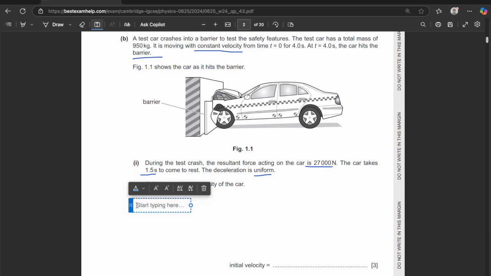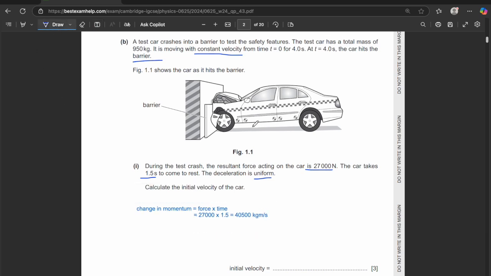Change in momentum is equal to force into time, so that is 27,000 into 1.5, which is 40,500 kilogram meters per second.